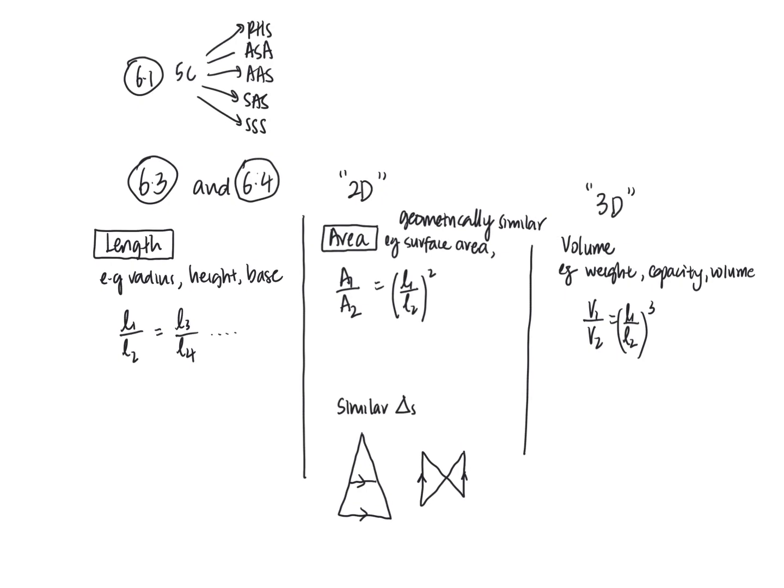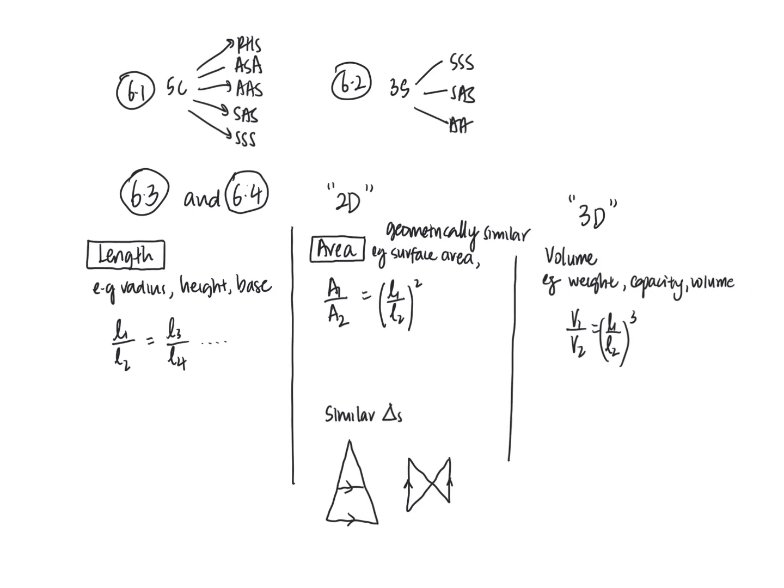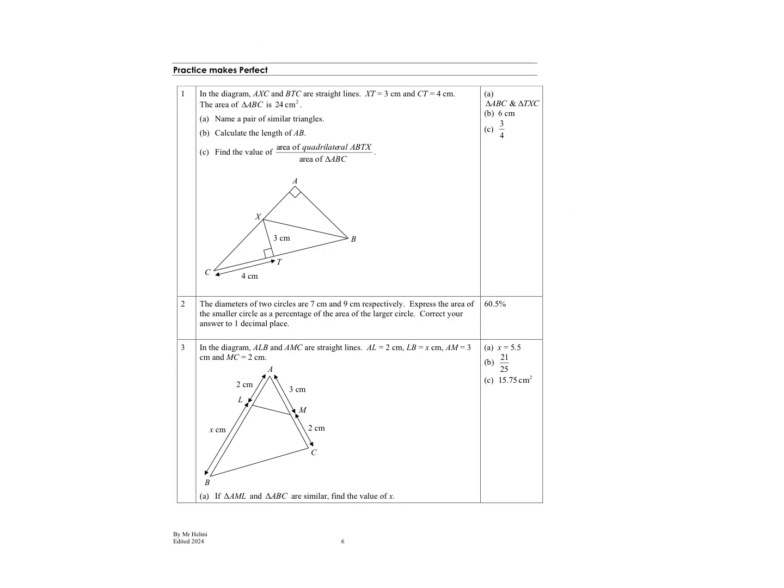Then 6.2, we have your similarity tests: SSS, SAS, and AA. That is the bulk of the chapter. And then 6.5, we will learn how to construct angle bisector, perpendicular bisector, and triangles or quadrilaterals. That one we will practice in a bit, but let's jump to the last.